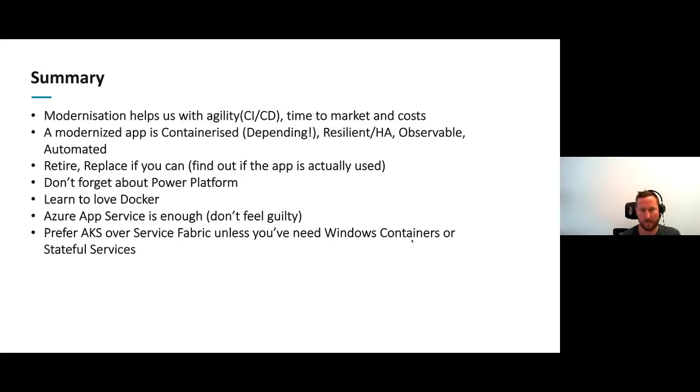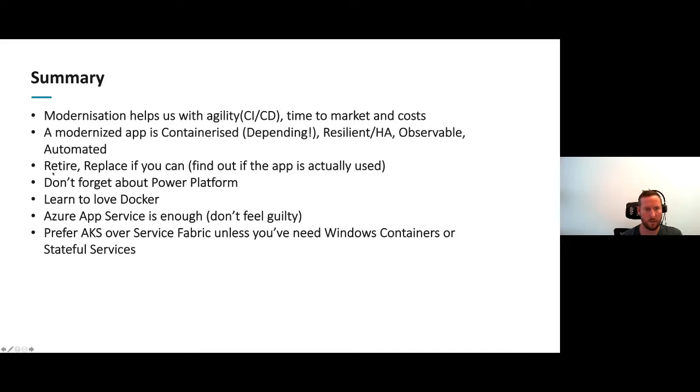A modernized app is possibly containerized, or not necessarily containerized, depending on how you want to approach it. But it's also got resiliency. It's highly available. It's observable, so you've got those application insights of your application, and you also have CI and CD automated.